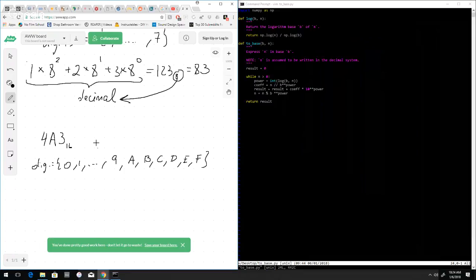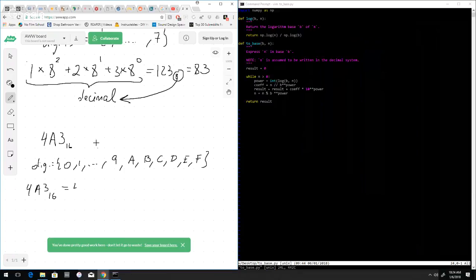Now, here I have a number, 4A3. I know it's in the hexadecimal system. I want to convert it to the decimal system. Well, let's do the same thing. How do we go from a base to the decimal base? Well, we just learned what we do. We take each digit and multiply it by the base to a power. The power starts from 0 if we look at the rightmost digit and increases by 1 as we go to the left.